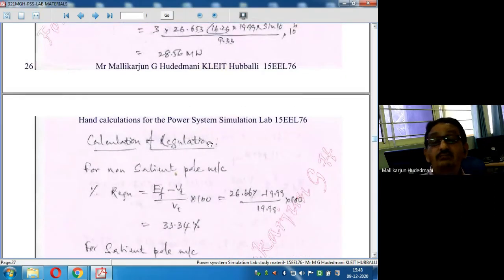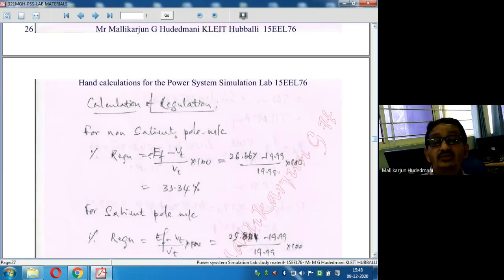Regulation is another performance measure of a synchronous machine. If I want to find regulation of non-salient and salient machines, just take the difference in voltages. So EF minus VT, EF nothing but EG here. So 26.67 minus 20 kV divided by 20 kV, kV taken out, into 100. Regulation of the smooth cylindrical machine turns out to be 33.34%.